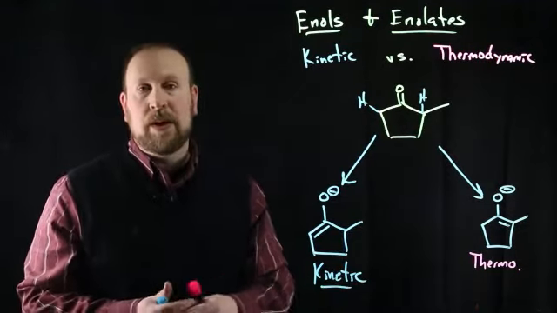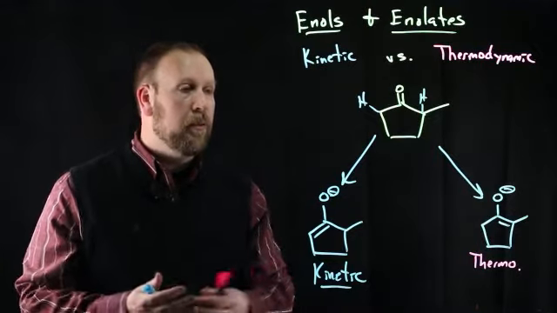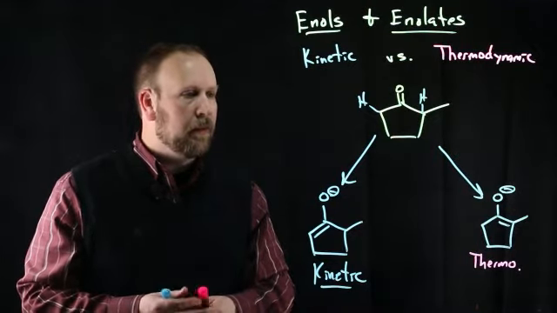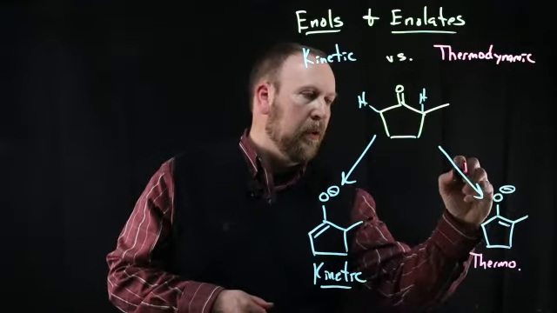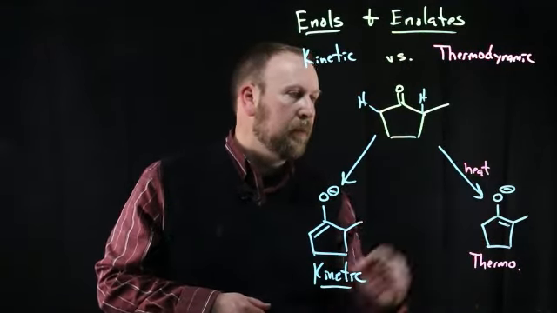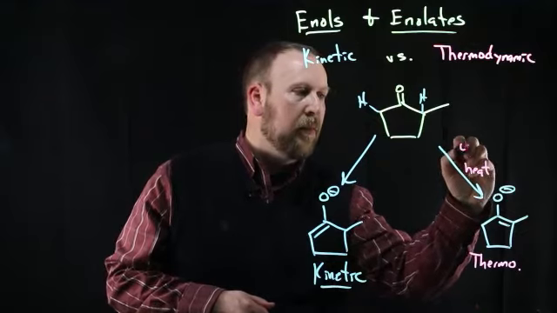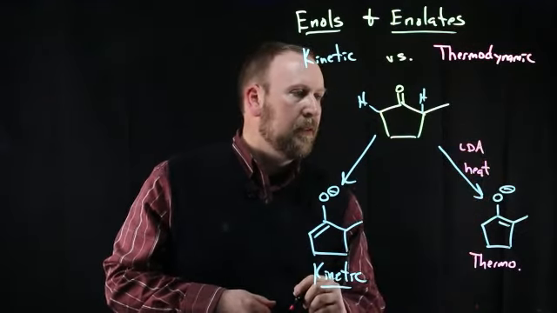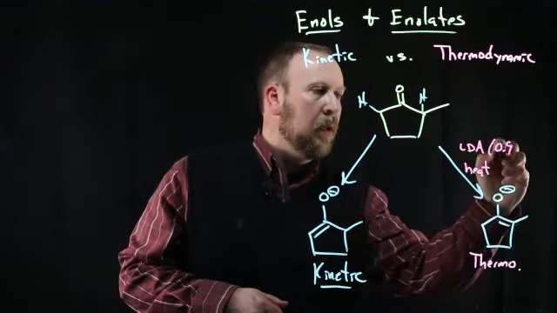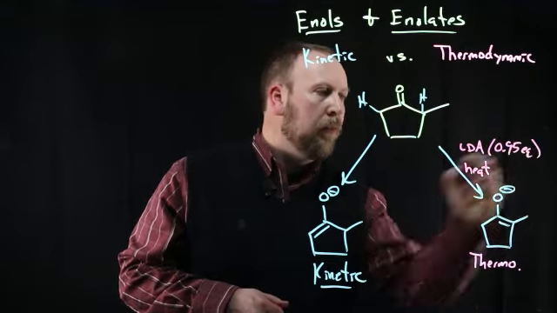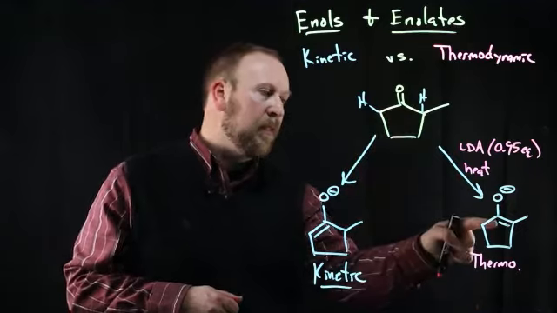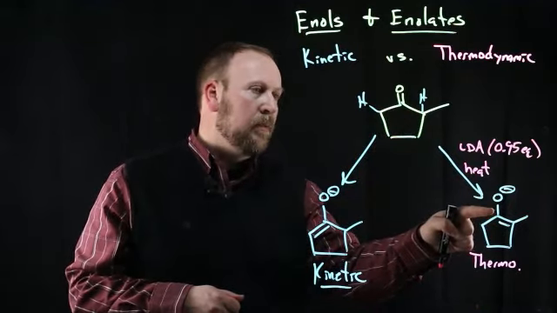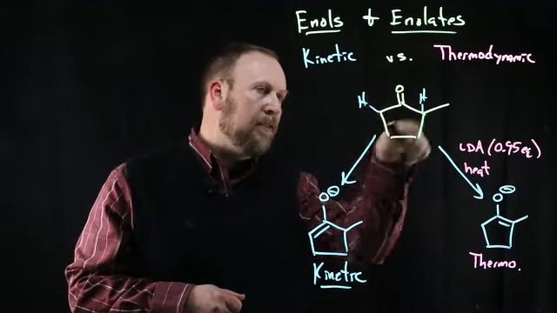The conditions that we're going to use to isolate these two things or form these two things are also going to be very different. Typically, under thermodynamic conditions, we can use heat. We can use the same type of base, such as LDA, but we don't want to use a full equivalent of that LDA. That allows us to form some of this enolate, but we have more of that stuff that's there.